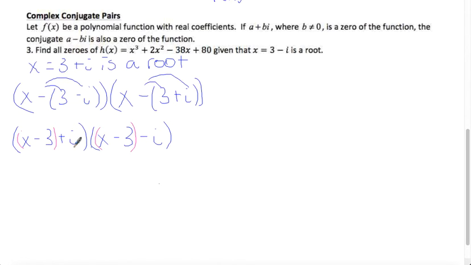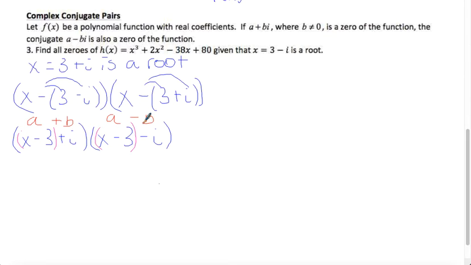This is a hidden example of difference of squares. Remember how I said that formula just keeps on helping you out? In this difference of squares, x minus 3 is a, so we have a plus b, our b is i, and then here we have the same thing, minus b.